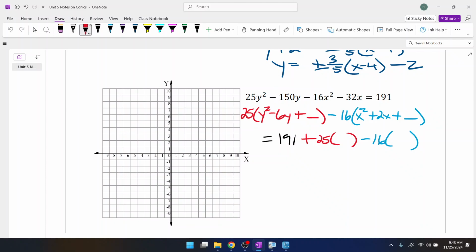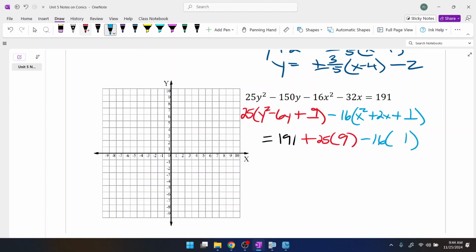So what's going to complete the square for the y? 9 is going to complete the square for the y. And how about for the x? Half of 2 is... you've got to take half of the 2 and then square it, which is just going to be a 1.